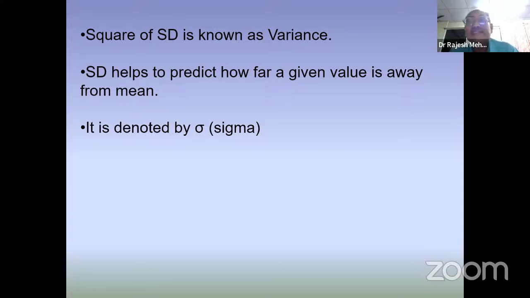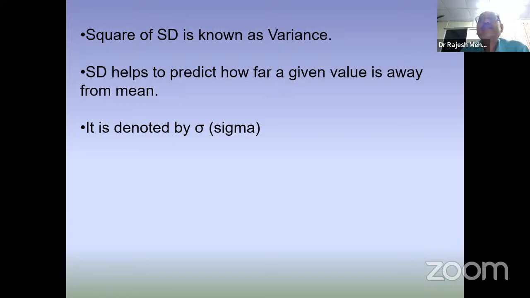Similarly, in statistics, you measure the distance between an observation and the mean in terms of standard deviation. How far away the observation is from the mean is measured in terms of standard deviation. I repeat again, in statistics, we find the distance between mean and observation in terms of standard deviation.